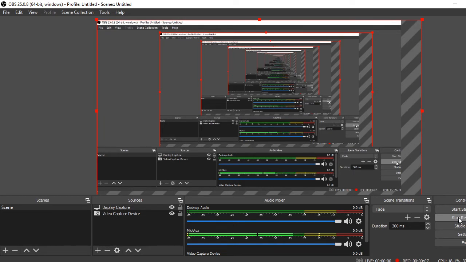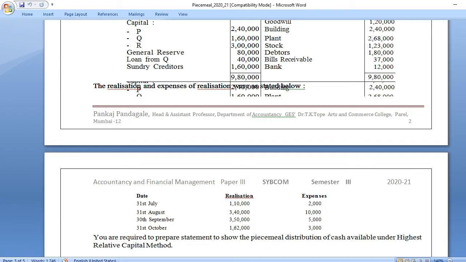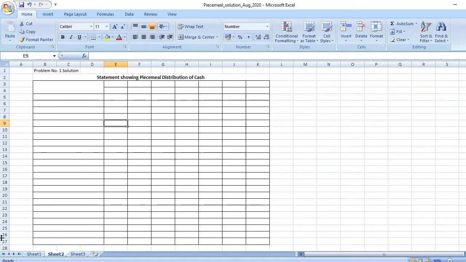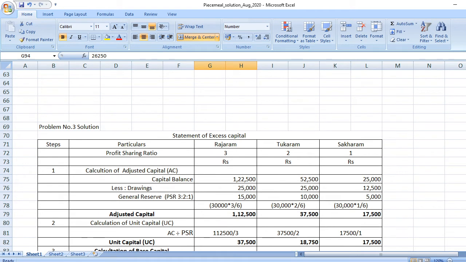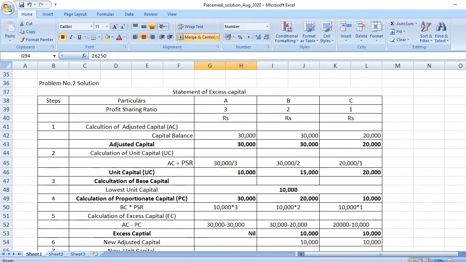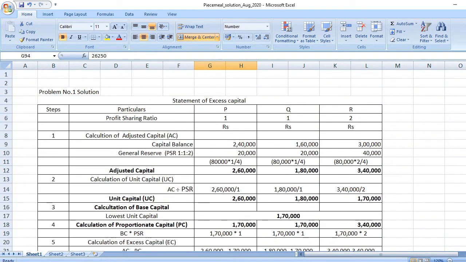In the last lecture we discussed problem number 1. In that we studied how to calculate the excess capital, using the proportionate capital method.